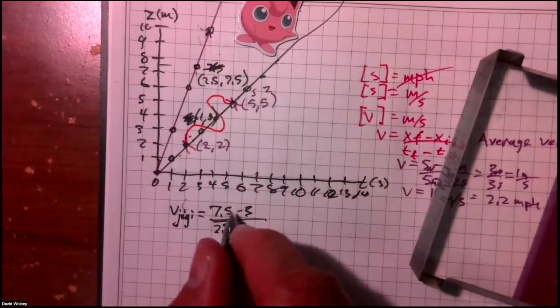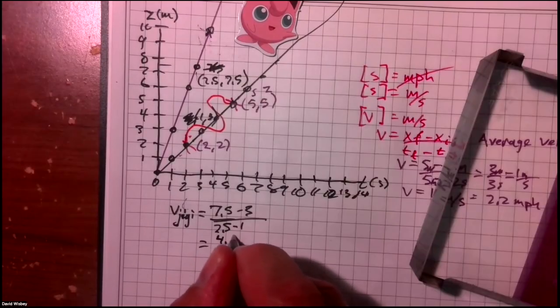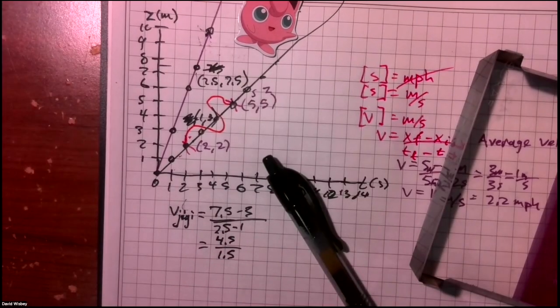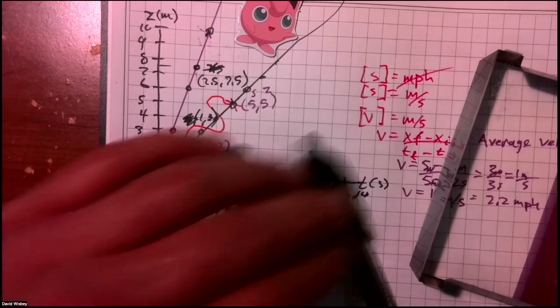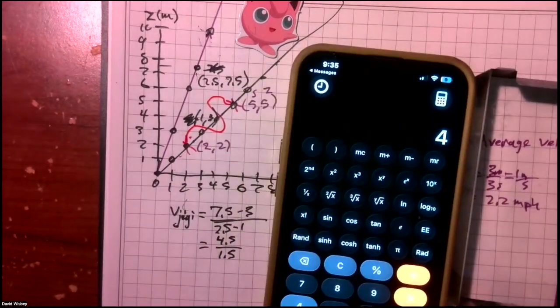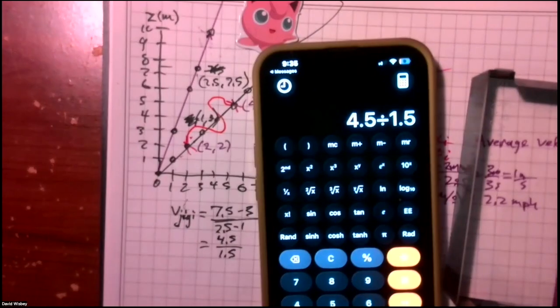So here I get 4.5 divided by 1.5. Now I can do this on my phone. It's close to three-ish, maybe, but let's see what we got here. 4.5 divided by 1.5.